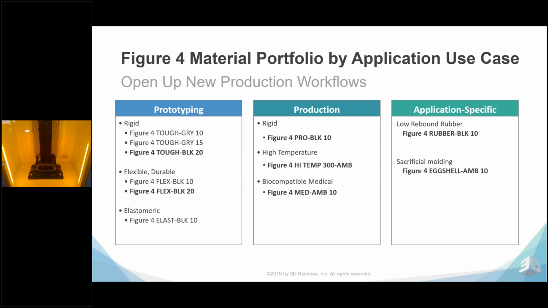We also have some application specific, like eggshell molding, which is really neat. It's basically a sacrificial eggshell, and then you pour your RTV molding in there, and then you just break it away, and then you have your part. So it's a creative way to do some low volume RTV molding.